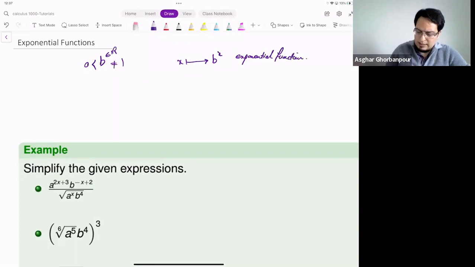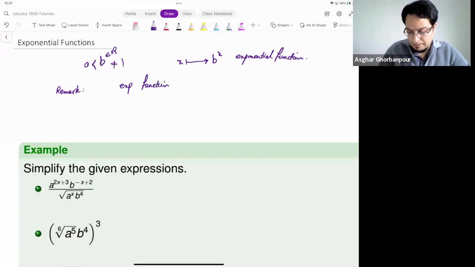Before we go to the details, there is one remark that you have to make sure to see very clear at this point, and that is exponential function versus power function. Power function is when you send x to the power of some number.